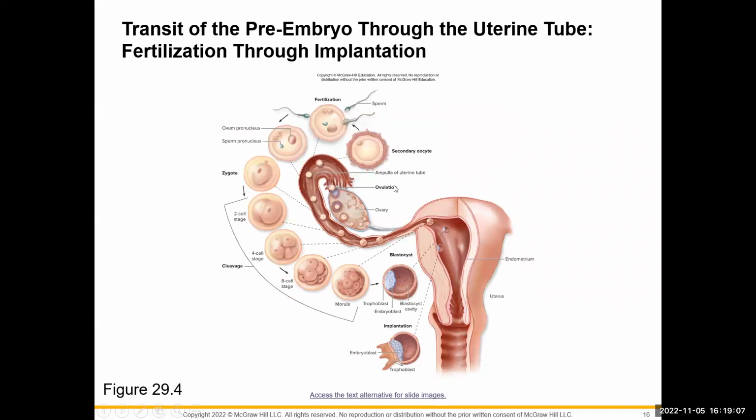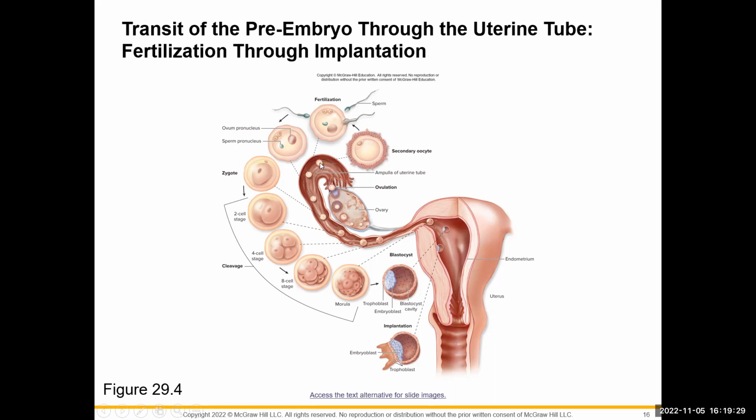This slide shows us where along the fallopian tubes these processes are occurring. As you recall, you get ovulation when our follicle has released the secondary oocyte into the infundibulum of the uterine tube.